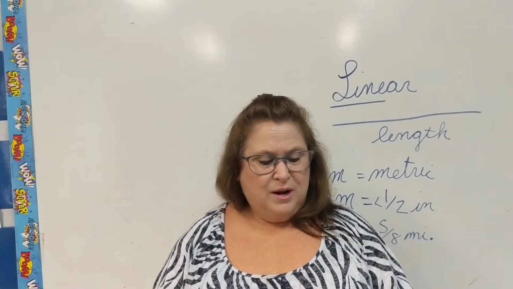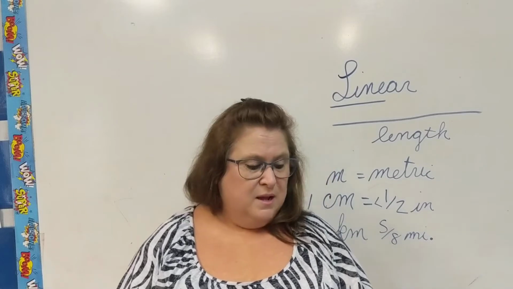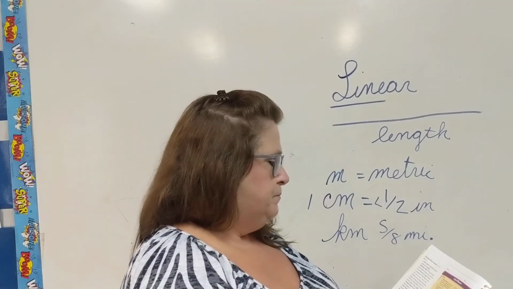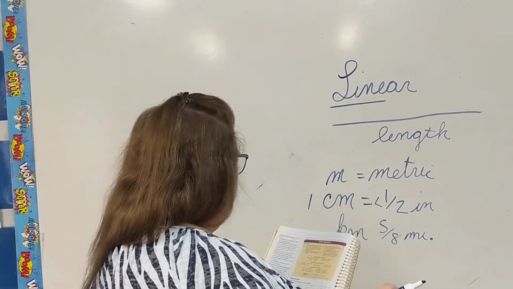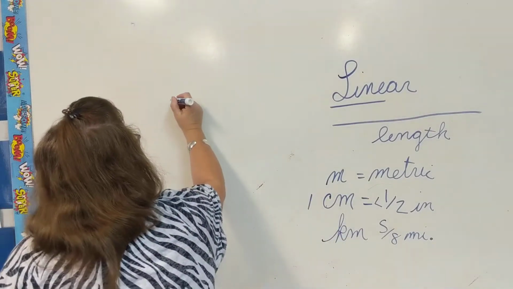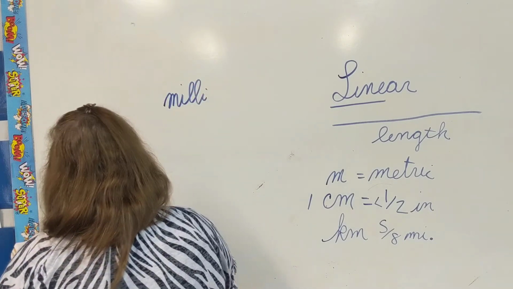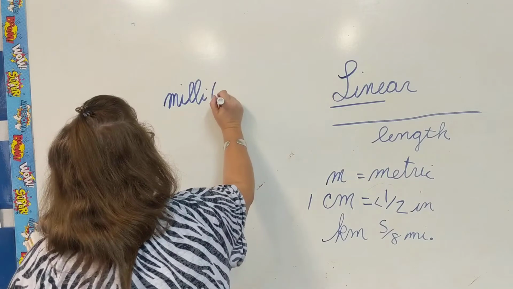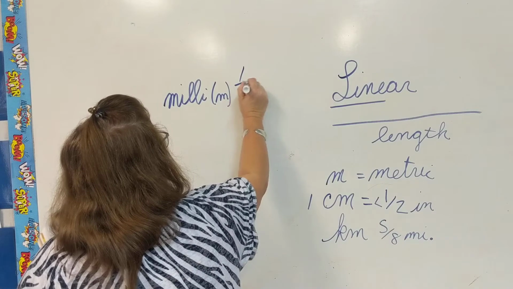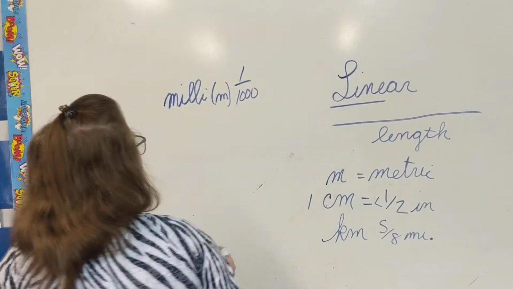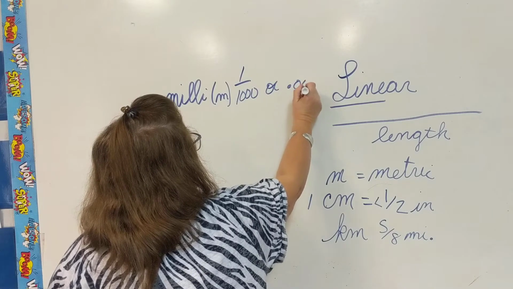Now I want you to look at, going down, the metric prefixes and symbols. So if you notice, well, we won't even talk about that right now, that might get confusing. Go ahead and look at milli, M-I-L-L-I. That is a metric prefix, it's abbreviated M. That is a metric prefix that means 1/1000. Now it can be written as a fraction, or it can be written as a decimal.